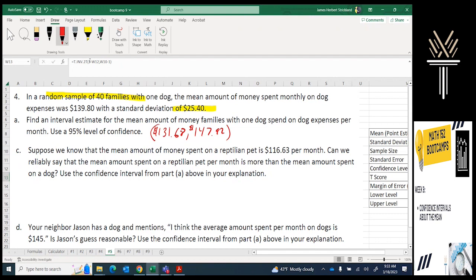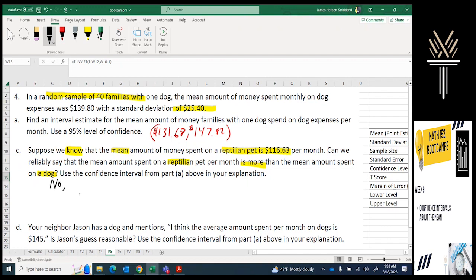Part C. Suppose we find out we know the mean amount for reptiles is $116.63. Can we say that they spend more on reptiles than they do dogs? Well, we can in fact say that it's not true.